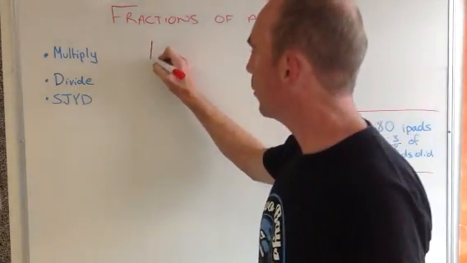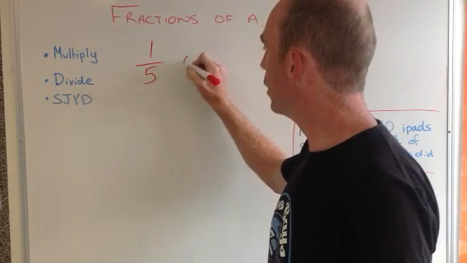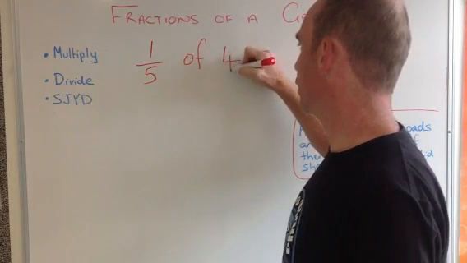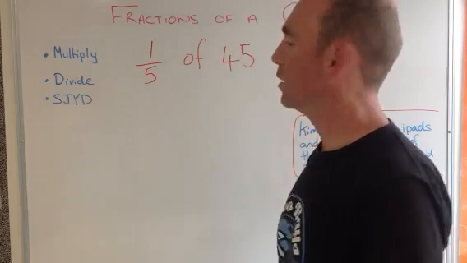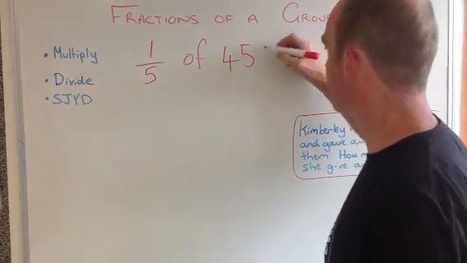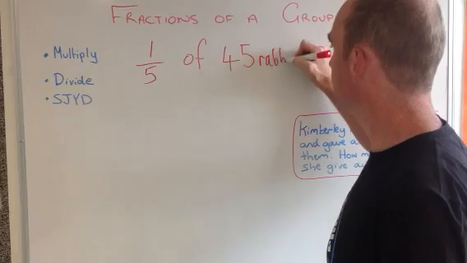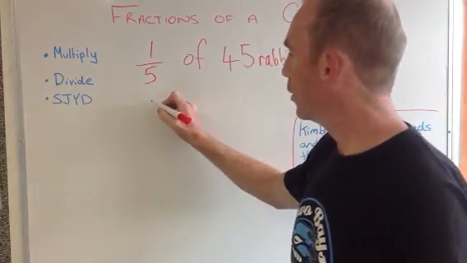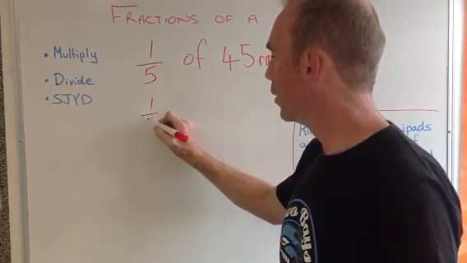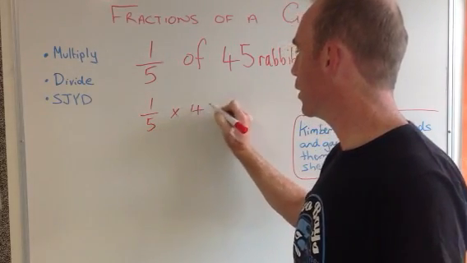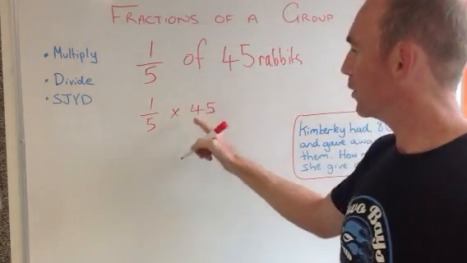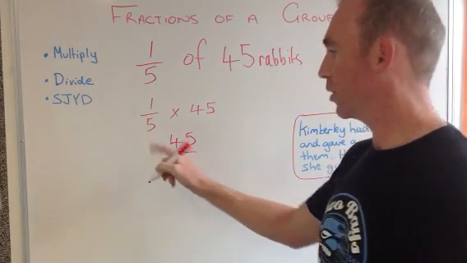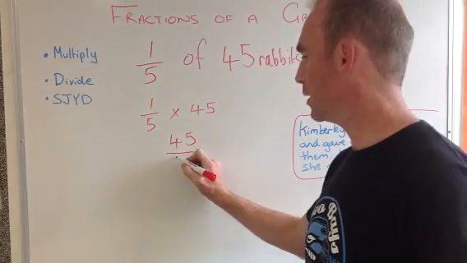Let's look at 1/5 of 45, I don't know, rabbits. Okay? So, multiply. I go 1/5 times 45. That is 1 times 45. And then my denominator stays the same down here.